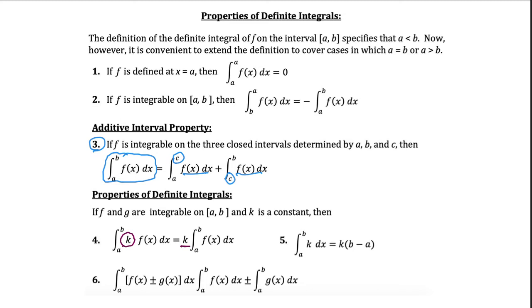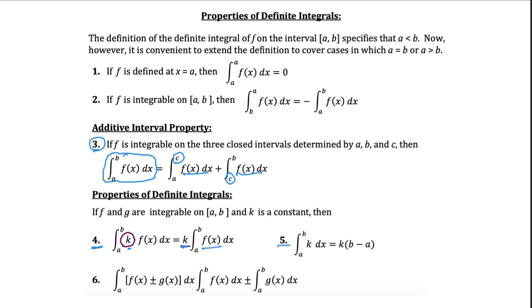So important. Another important property for you to know is that if you're integrating just a constant value, some number like 5 or 12 or 5 million, then you can pull out that constant value and then integrate the function.